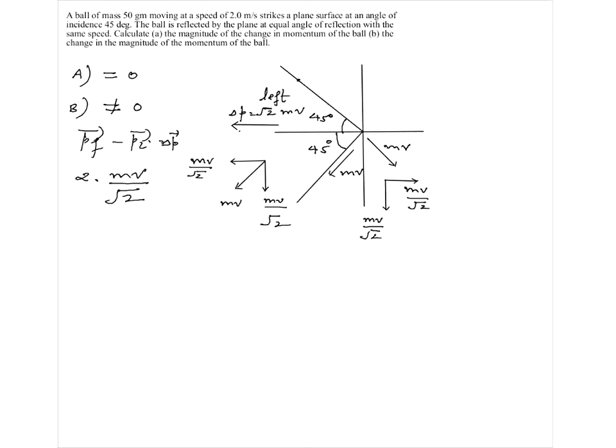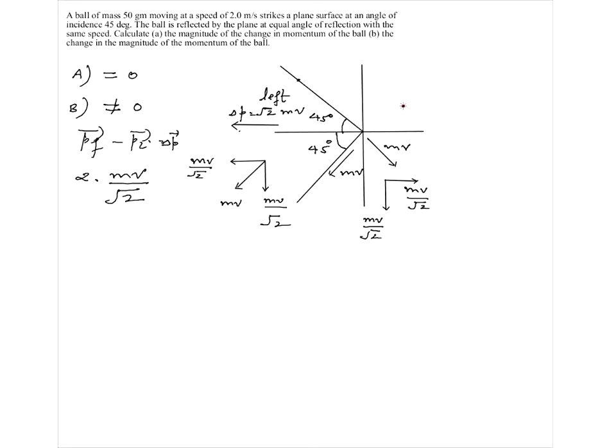Now just put the numbers and see if you are getting 0.14 SI unit. Well, if you are saying minus, then I suppose you have taken x direction on the right side.